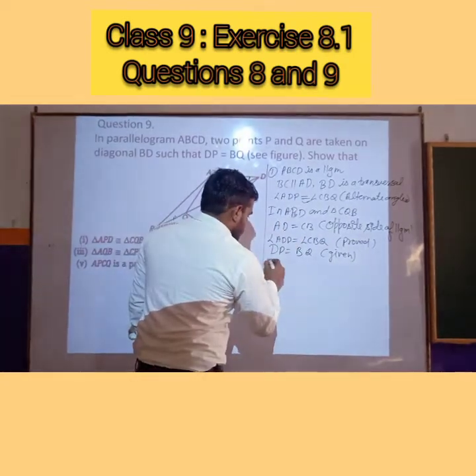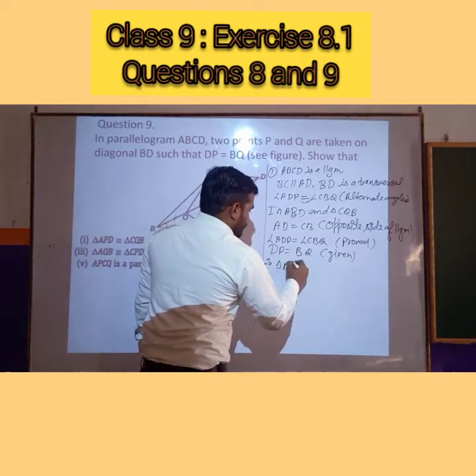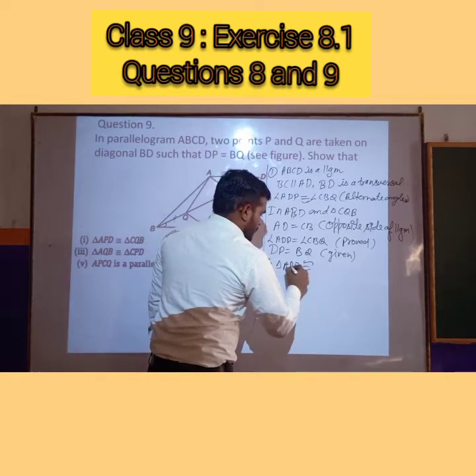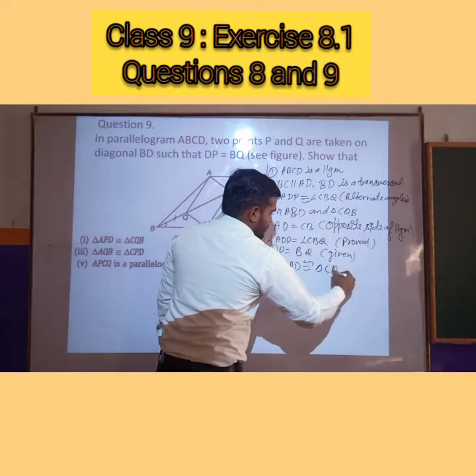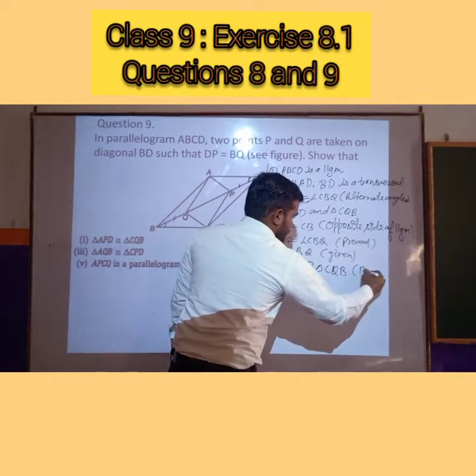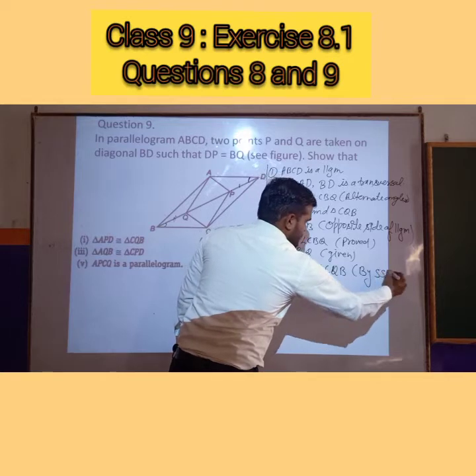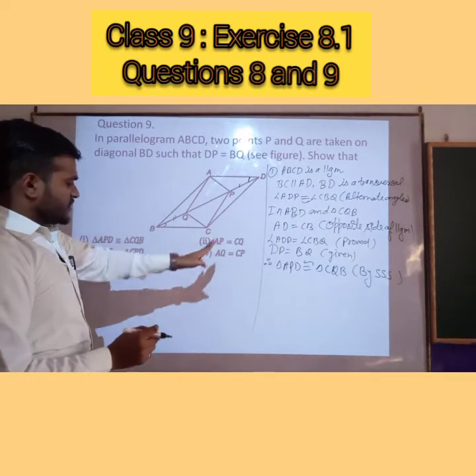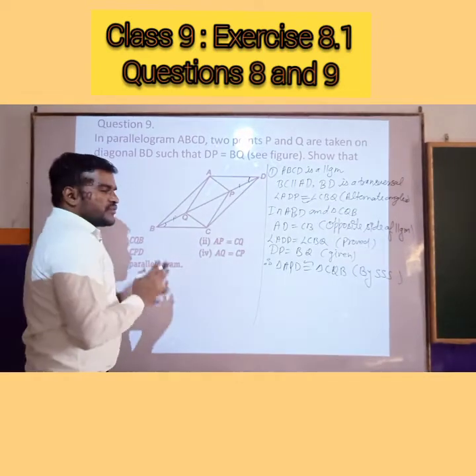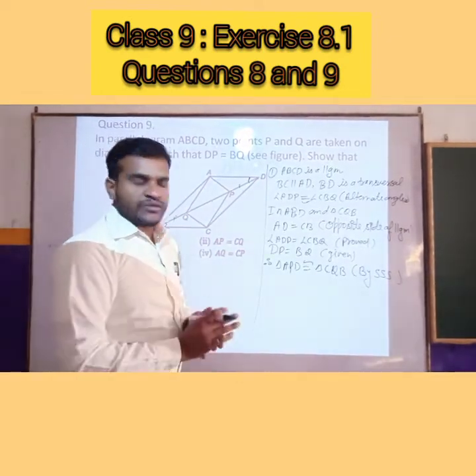Therefore triangle APD is congruent to triangle CQB. Children, if these two triangles are congruent, then corresponding parts of congruent triangles are equal.